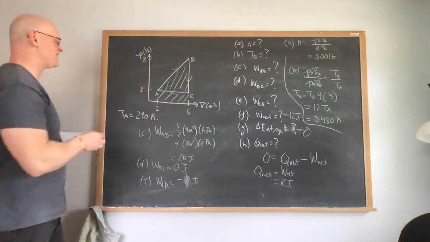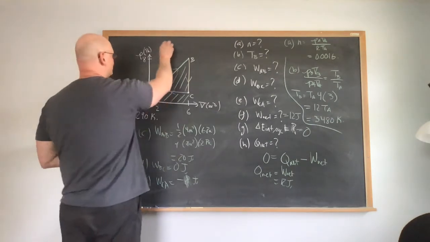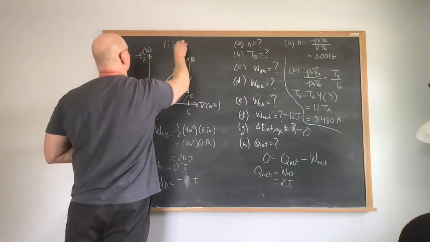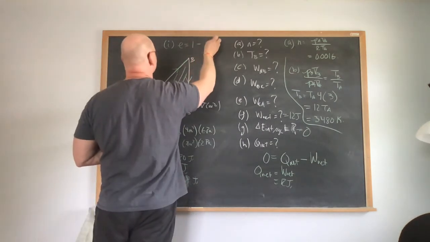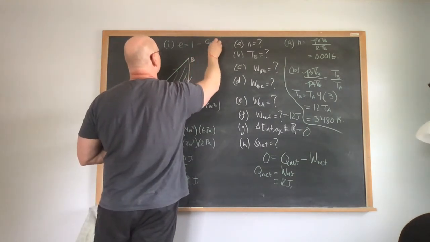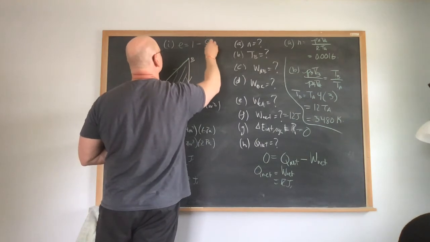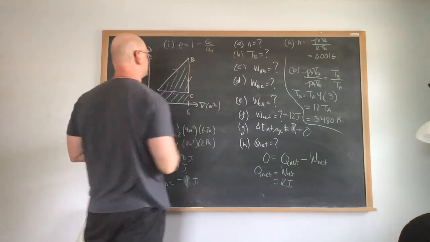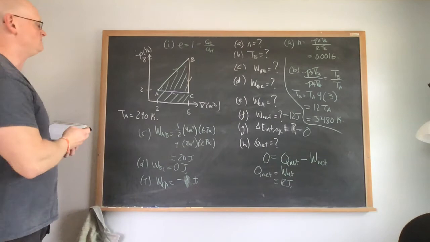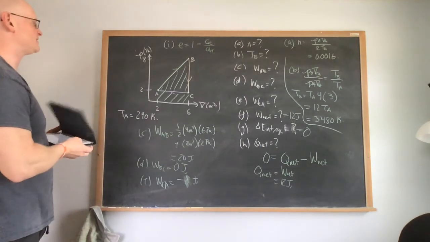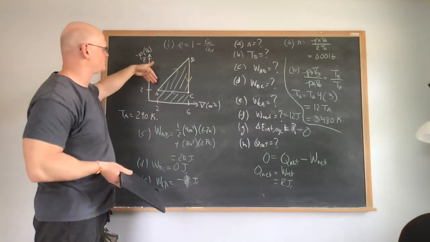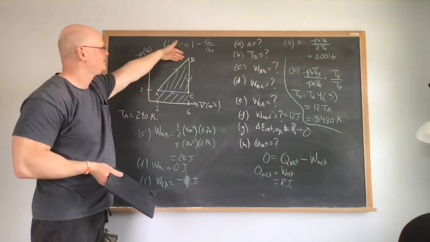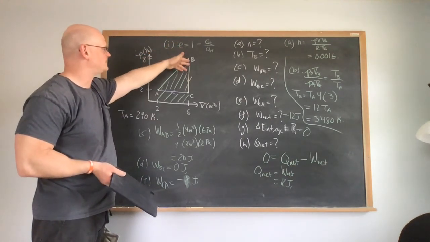Okay. Now, if I also wanted to know, let's add an extra part, I. So the efficiency is going to be equal to minus Q cold divided by Q hot. Now, to find those Q's, from here you would have to find the change in internal energy going from here to here, and then find out what that Q is.